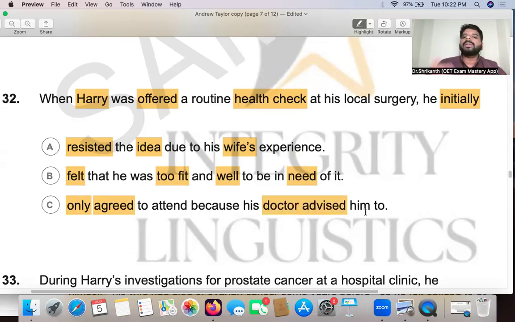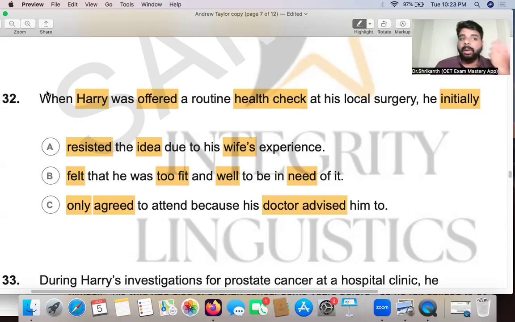Not because he is worried about his health or having any symptoms. So like this, we have to comprehend the question.